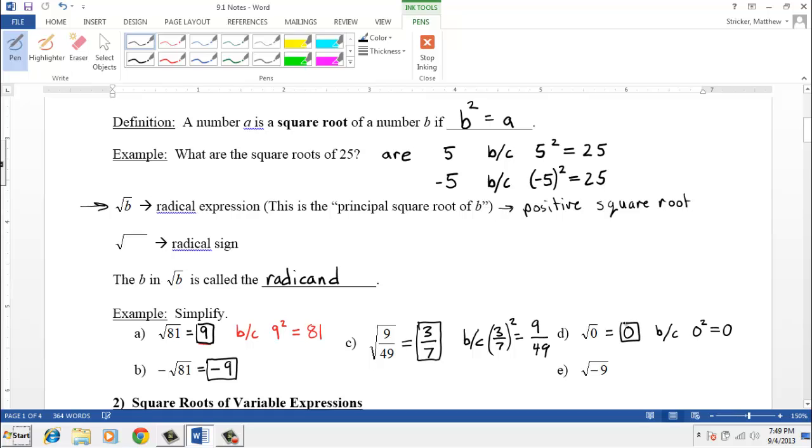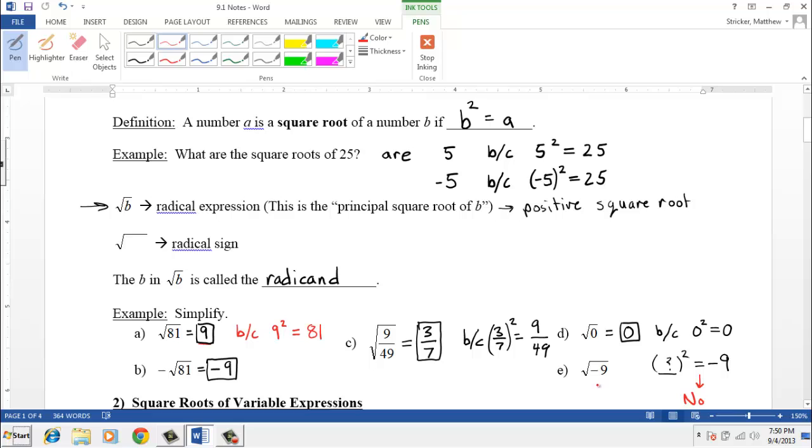And then the last one, the square root of -9. This is the kind of question you're asking yourself: is there anything that can be squared that will give us -9? And the answer to that, I hope you will agree, is no. Because when you square something, it always turns positive.